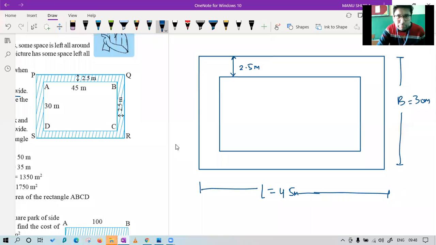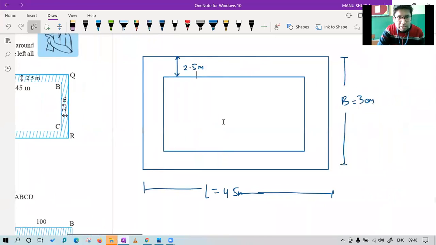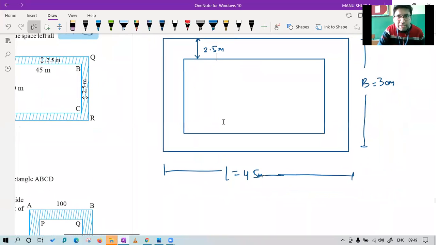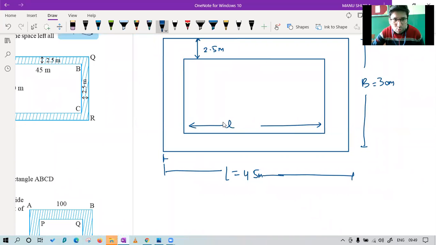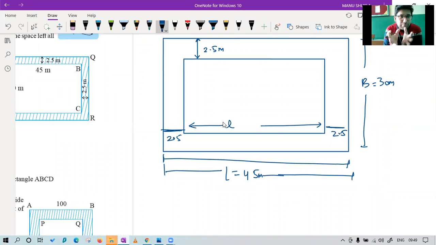Now tell me, please concentrate here. If I want to find the dimension of the inner rectangle, that is small l, what will you do, Sarvagya? If you know that this point to this point is 45, this part is 2.5, this part is 2.5, can't you find the middle part?